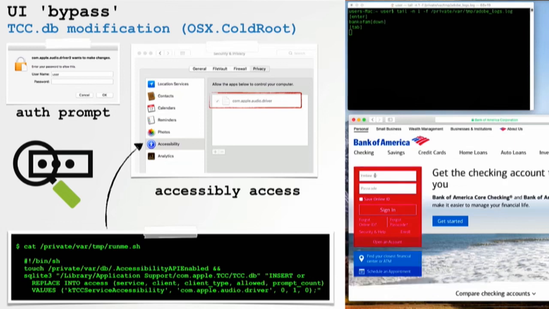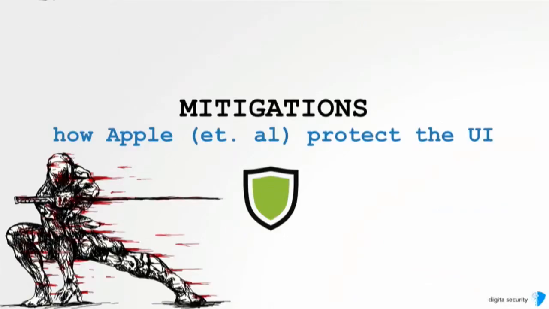On the right of the slide, we can see that when I log into my bank account, the malware is able to capture these keystrokes because it has directly manipulated the accessibility database. Again, this is an example of bypassing the UI, no need for synthetic events.